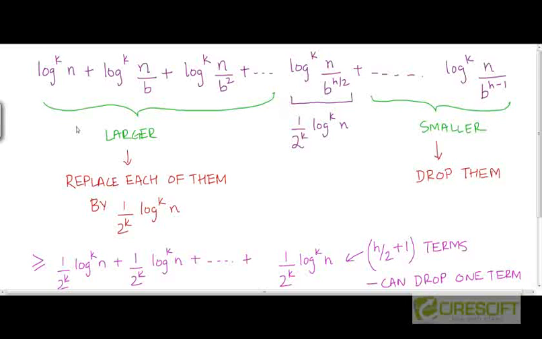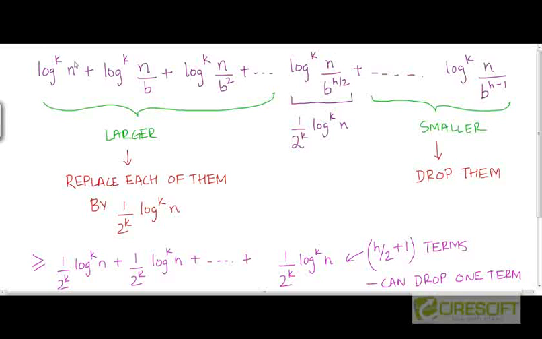So if we replace all the terms that are larger than the middle term, namely these terms on the left, by the same argument as in the middle term, right?